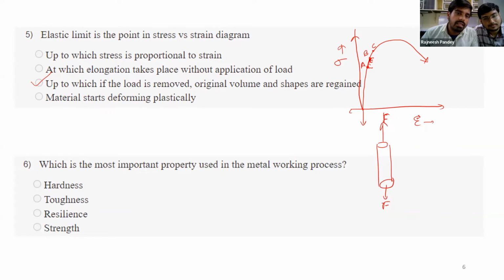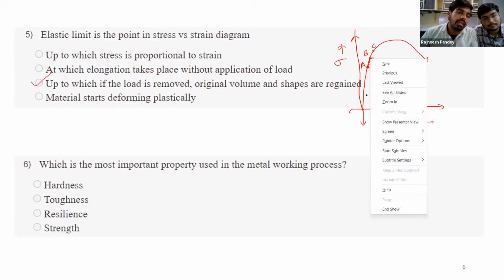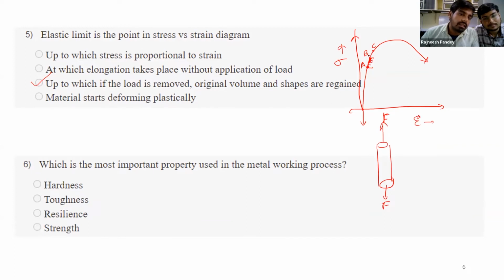But still, if you unload the sample, the material is going to regain its original shape. Up to this point it will regain, and even up to a further point it will regain itself. That is the elastic limit. The elastic limit is the maximum limit of elasticity.